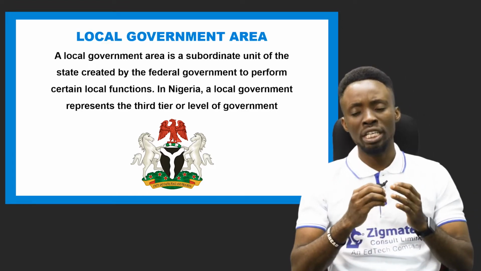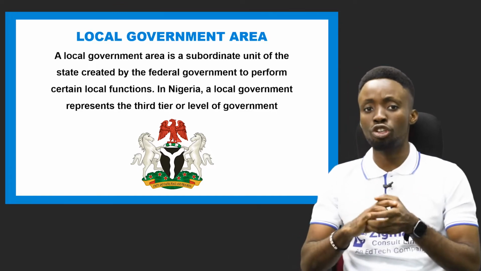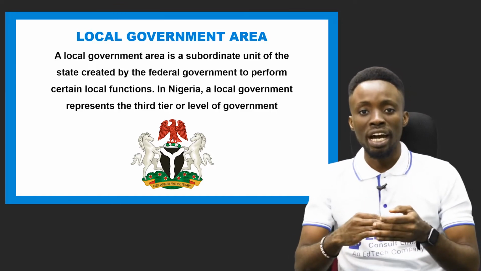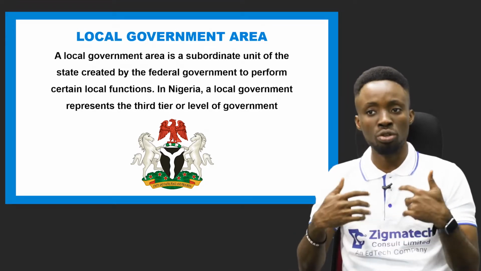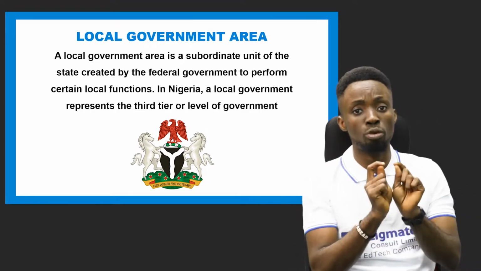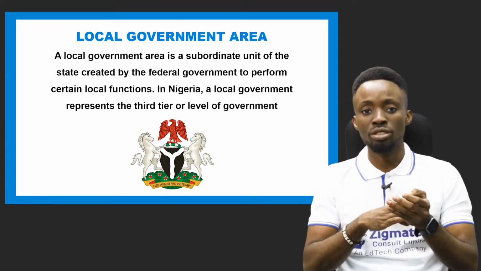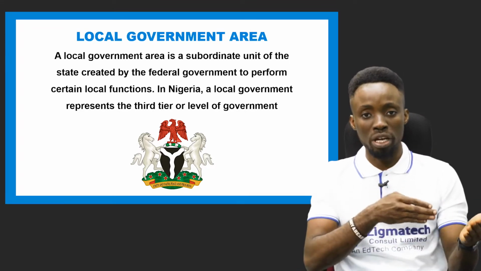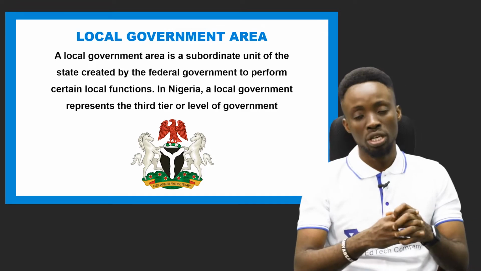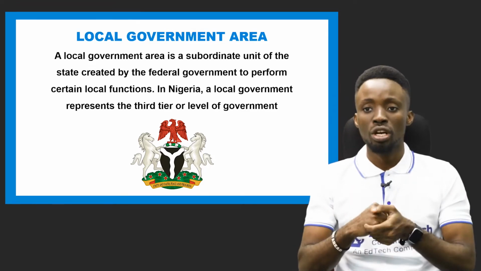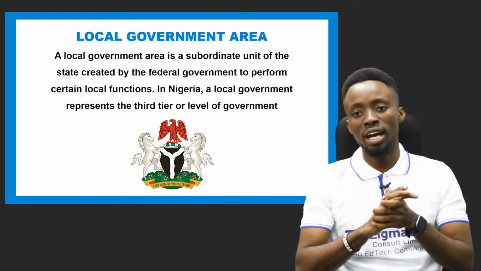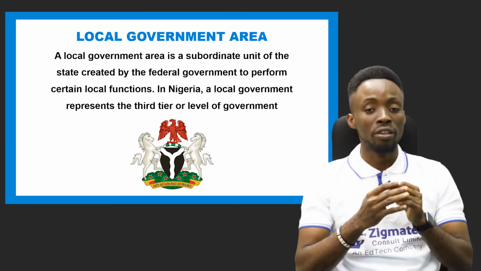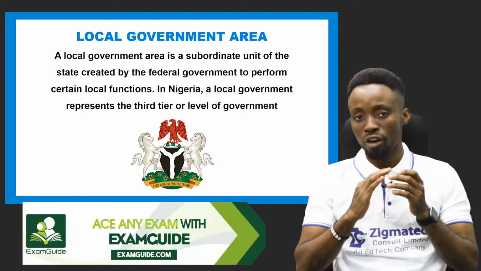So for the federal government to function effectively, they actually divided every state into local government areas. So a local government area is just like a subordinate unit that is meant to help the government achieve its functions. So in Nigeria, the local government area is seen as the third tier or the third level of government we have.